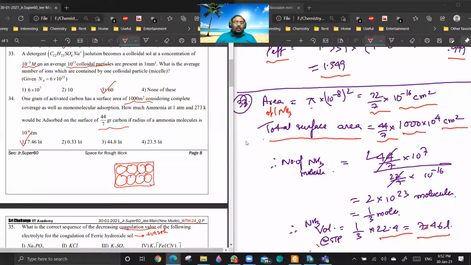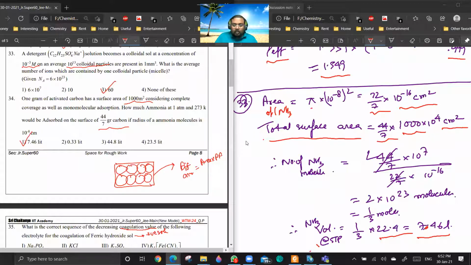In this case, how will you do these types of questions? Suppose they ask that you have to consider the white space also. Generally it won't be considered because they don't expect you to think that much. But the effective occupied area will be the given area into the packing fraction.